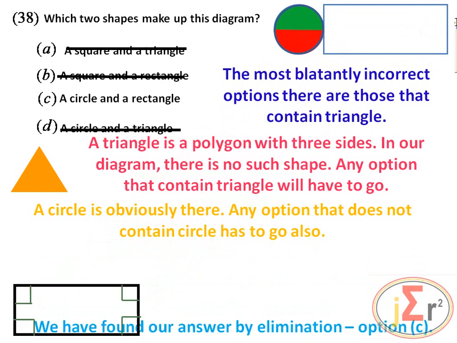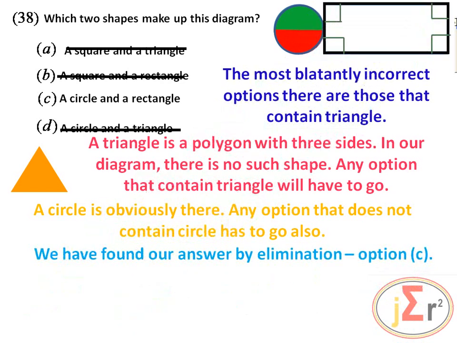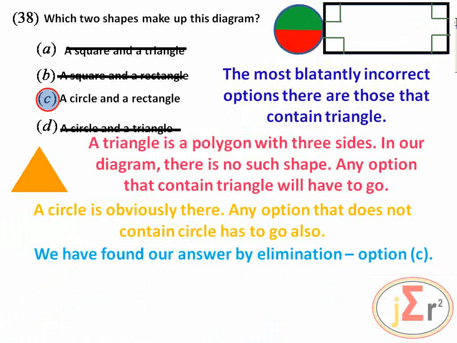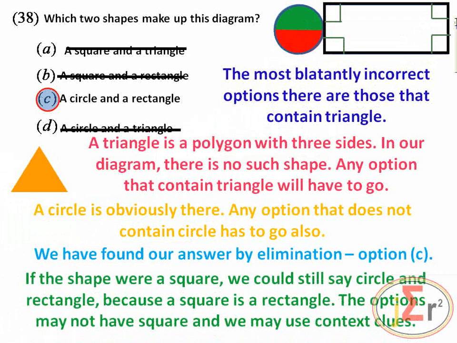And we have our illustrative rectangle going right onto it, right there. If the shape were a square, we could still say circle and rectangle. Why is that? Because a square is also what, Jerry? A square is also a rectangle.